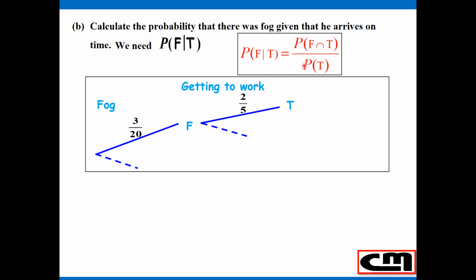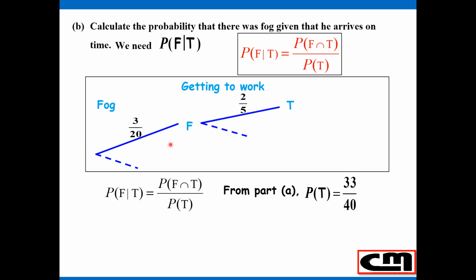Then the probability of T, we calculated it in A. So all what it means now, copying the same formula, the probability of F intersection T, right, is 3 over 20 times 2 over 5, right?